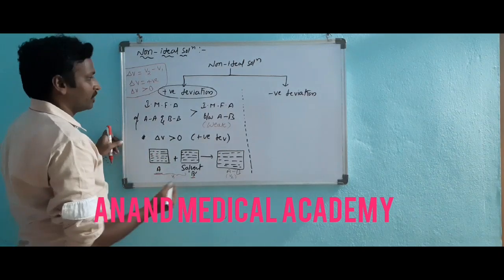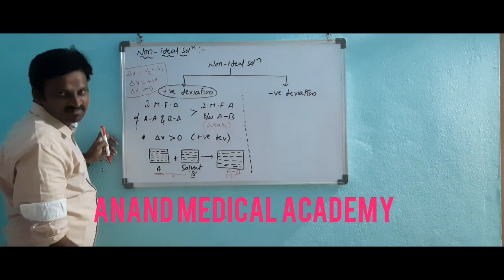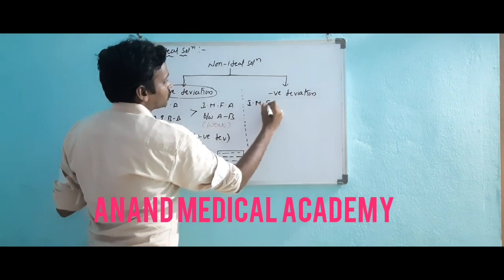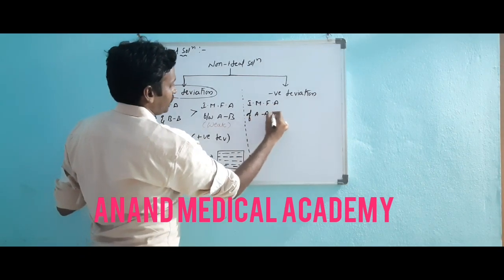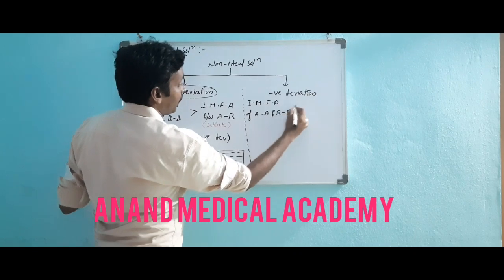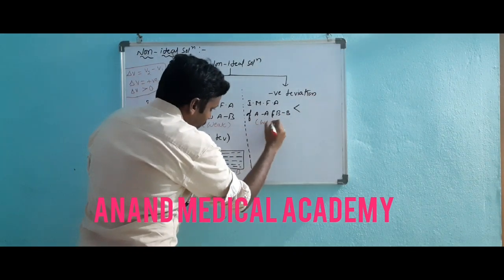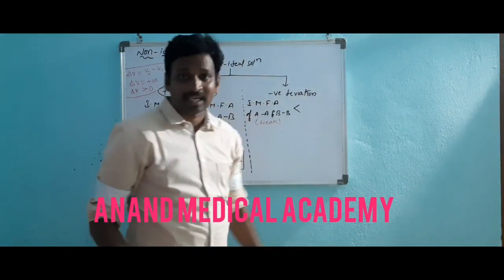What exactly are negative deviations? It is exactly the same but reverse. The intermolecular force of attraction of AA and BB are less. Individually they are weak, which means after formation they have a strong attraction.